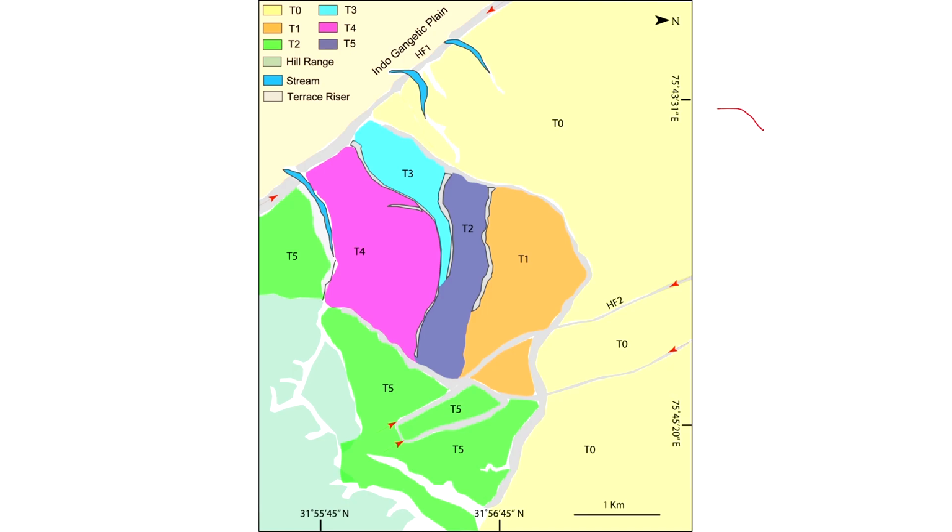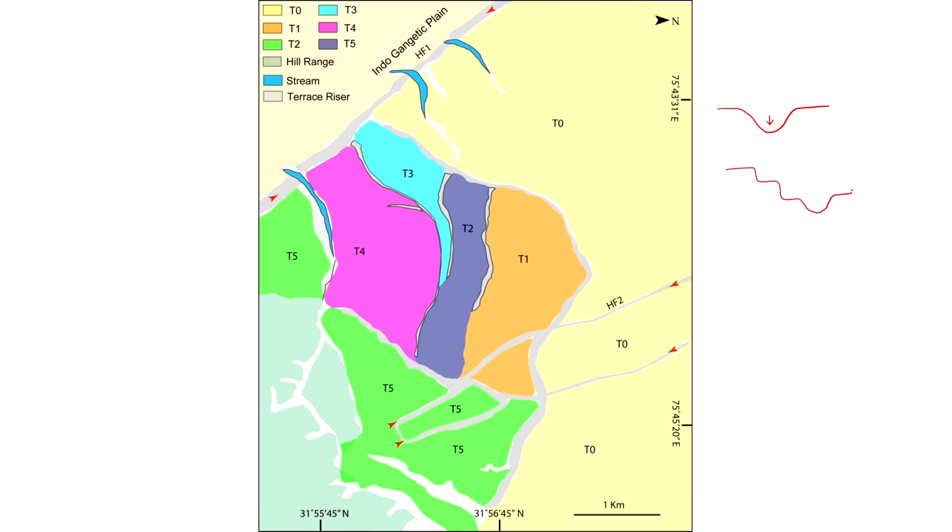Suppose you have a river channel. This is a cross section of the channel. This is the channel bed, and since we have depositional as well as erosional terraces, I'll draw how the terraces look. In cross section, the terraces will form like this.